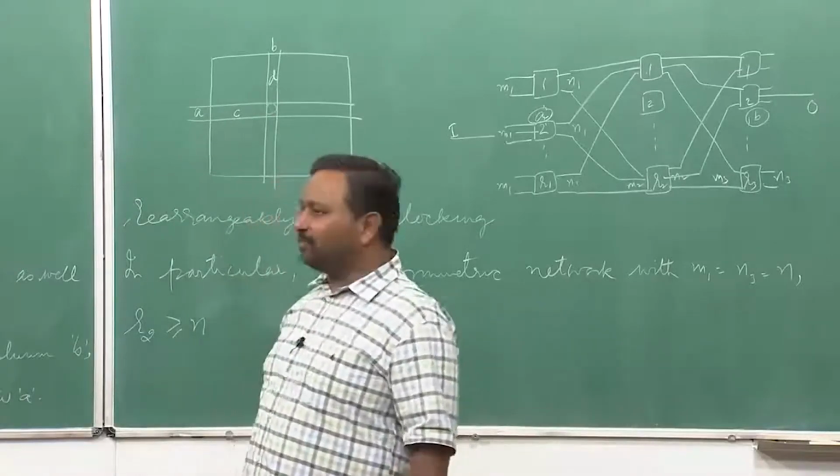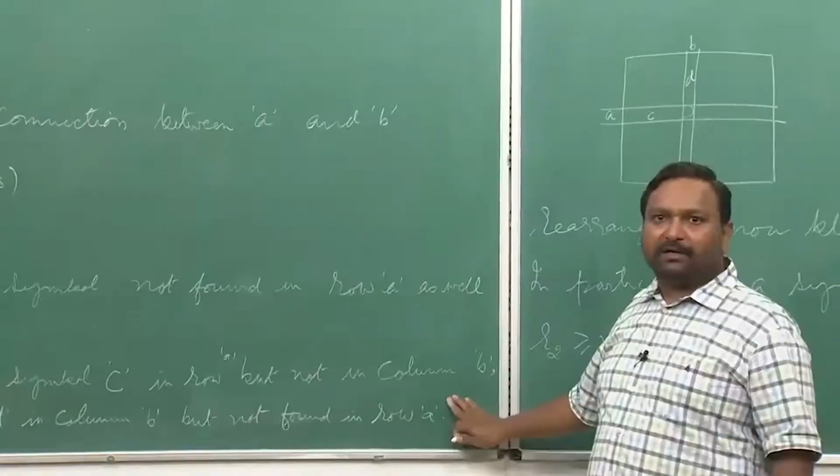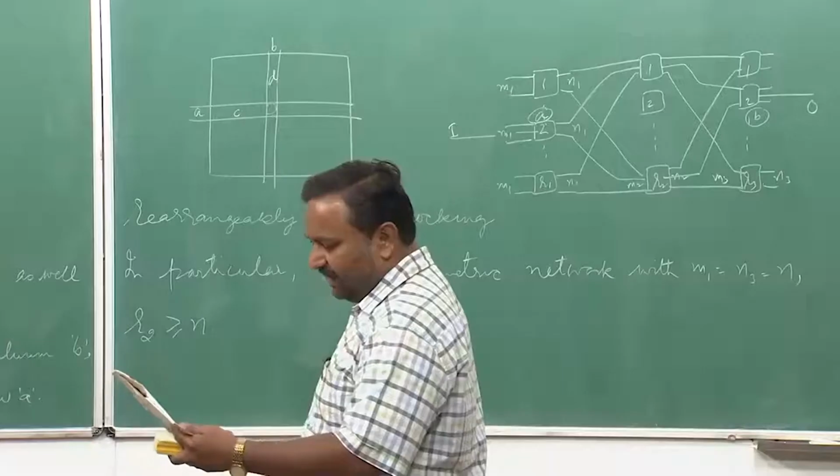One of the two things should happen, either this should be true or a pair should be happening. Let us see whether this argument is true or not.